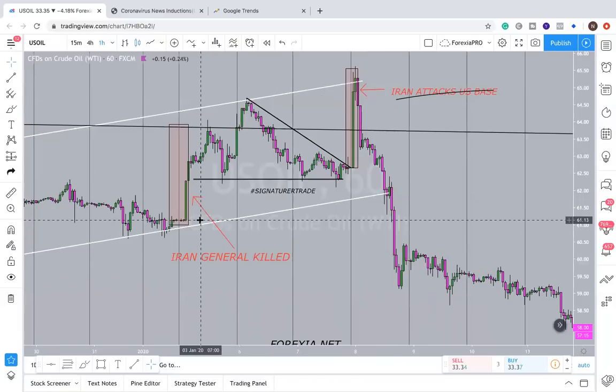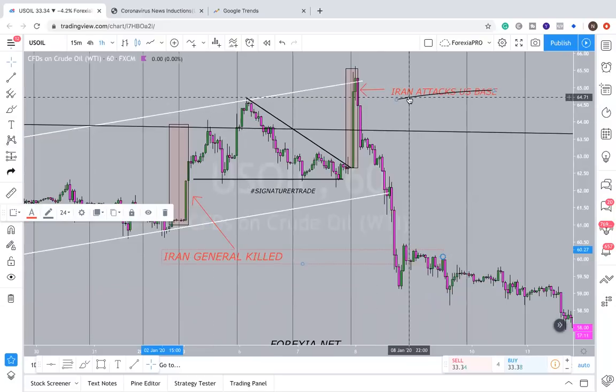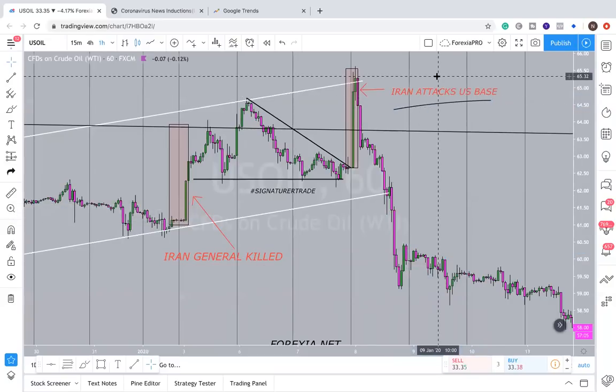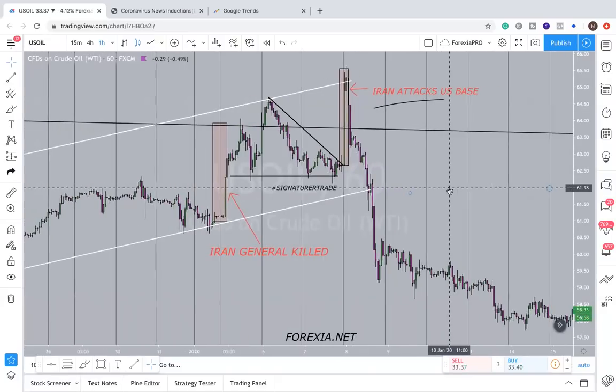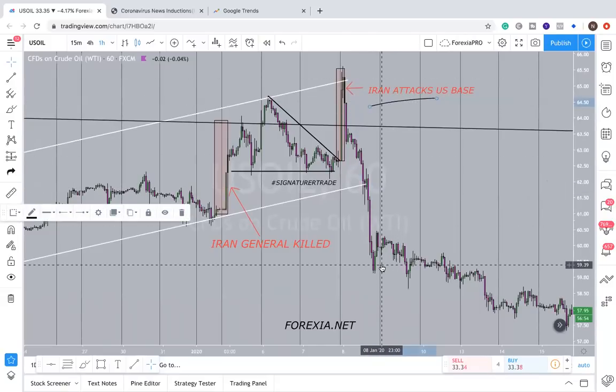If it spikes up when an Iran general was killed, why would it spike up when the opposite happens? Does that make sense? So what I'm trying to get at is that this is all BS. This is all pre-planned, you guys.